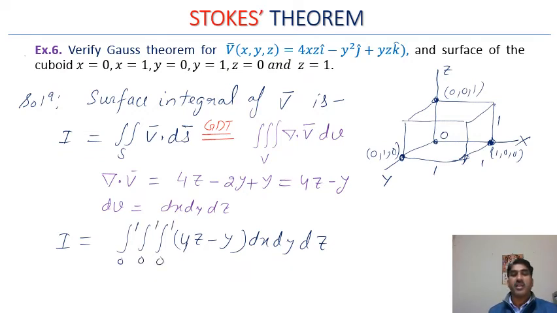So these are all constant limits. You can integrate with respect to any variable first. You can see that the integrand does not contain x, so we may integrate with respect to x first.